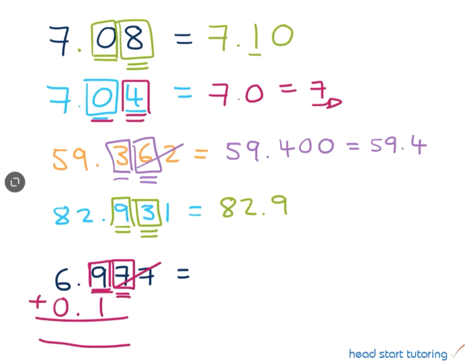So we plus our 1/10 there, and we end up with 10, carry our 1, and 7. And again, that just shows us that 6.977 is closer to 7.0 than it is to 6.9. So rounding 6.977 to the nearest tenth will give us an answer of 7.0 or just 7.